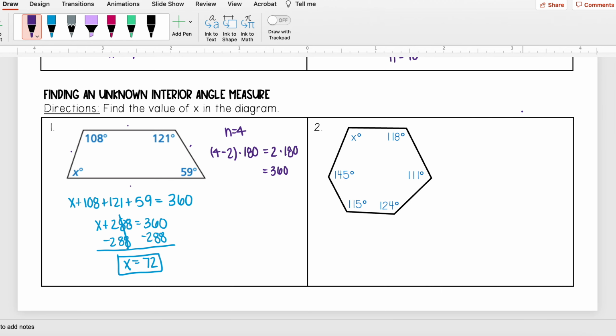Okay, let's try one last one. So this one, I again first need to figure out what the sum of all of these will end up equaling in order to create my equation. So I need to figure out first how many sides there are. I have 1, 2, 3, 4, 5, 6 sides.